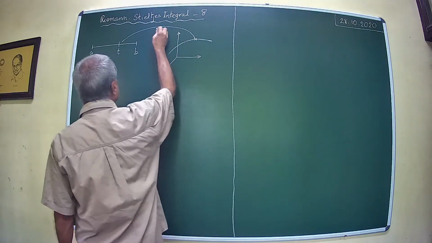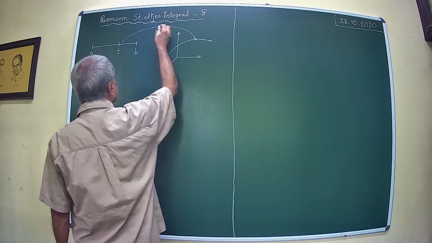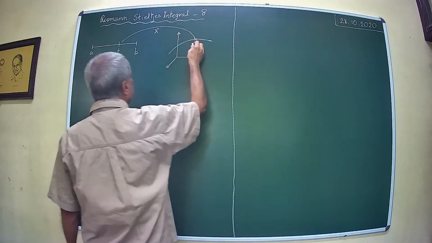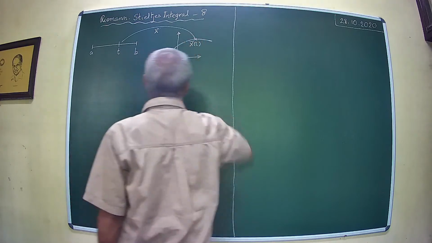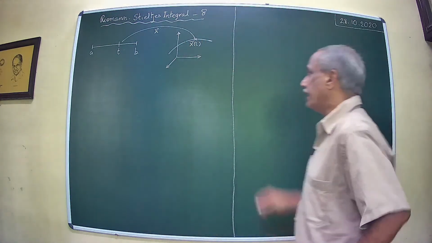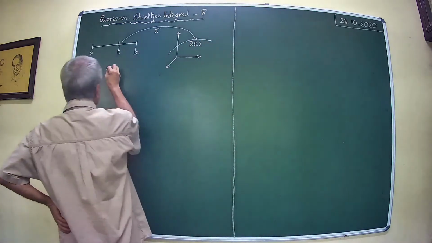Let us denote this by x, a vector valued map. So this is x. So x of t has three components now.